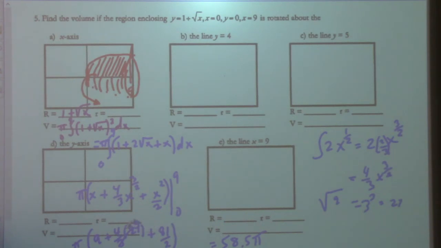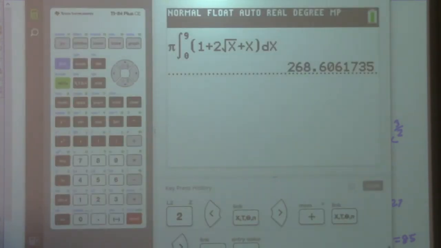Yeah, so you're going to get 4 times 9 here. So that's going to be 36. So it's going to be 9 plus 36 plus 40.5. So that's going to be 45 plus 40.5, that'll be 85. So you should get 85 pi.